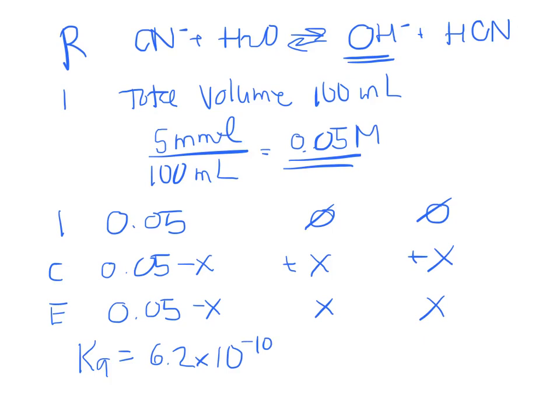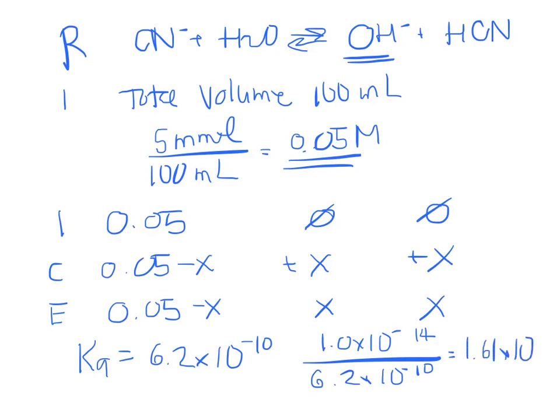Because we have a basic solution. So we have to convert Ka to Kb. You take 1.0 times 10 to the negative 14 divided by 6.2 times 10 to the negative 10, and you can get 1.61 times 10 to the negative 5. Okay?